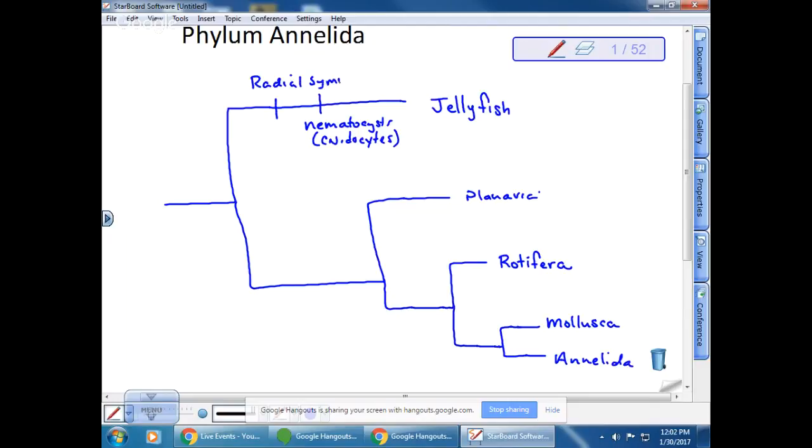And what that means is that you can cut them in many different planes to get the same two halves. And because they're radially symmetric, what do we know about their nervous system? What is unique about their nervous system? Do they have a brain? No, right?